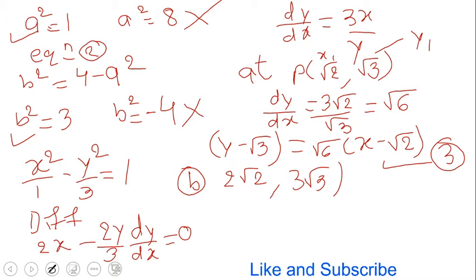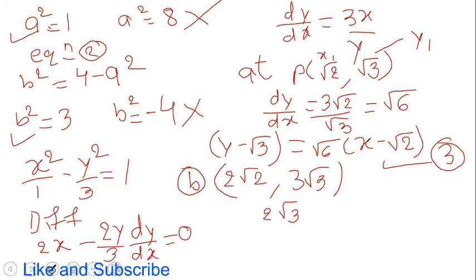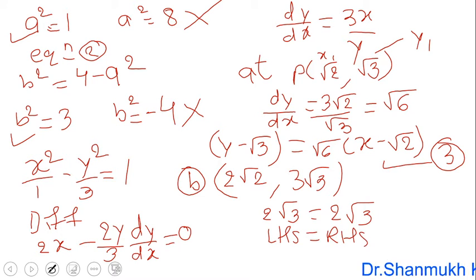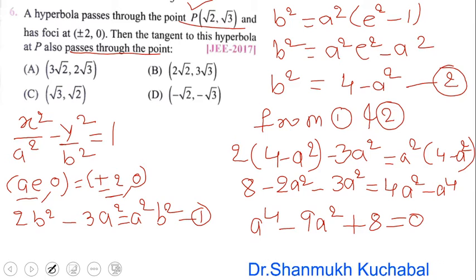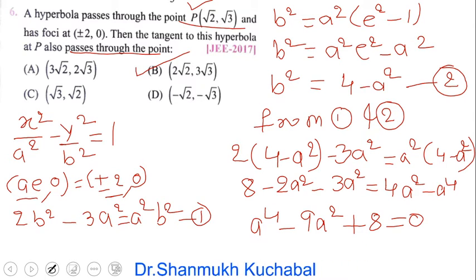We are going to get LHS equal to RHS, it verifies. We get LHS as 2 root 3, RHS as 2 root 3. So we observe that LHS equals RHS here. Therefore we can say that the tangent also passes through that particular point. Therefore option B is the right answer.